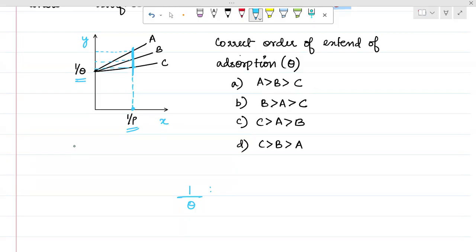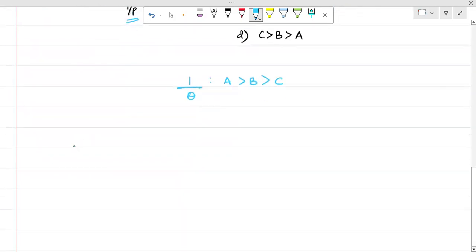So if pressure is constant, 1 by P will also be constant. Correct. And the value is A greater than B greater than C. But what we need is the extent of adsorption of theta, not 1 by theta. So you will take the reciprocal. So if you take the reciprocal, basic mathematics, the signs will reverse. It becomes A less than B less than C.